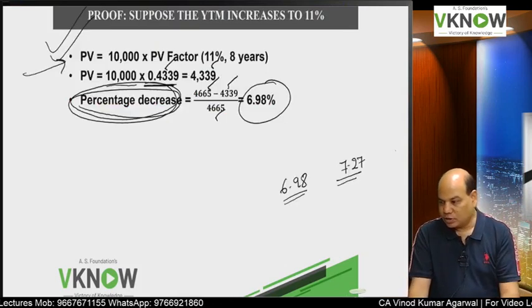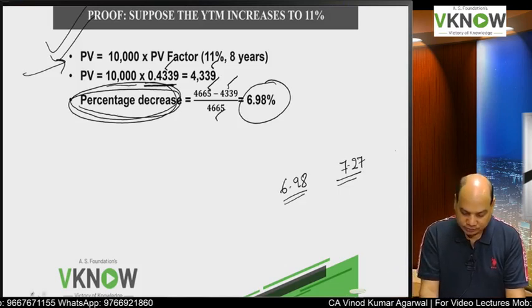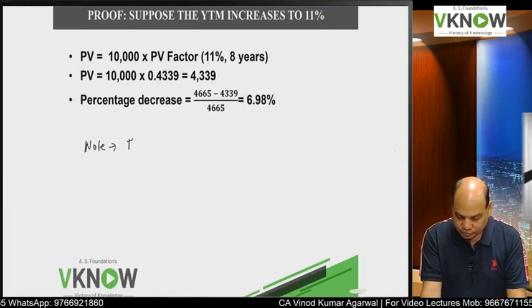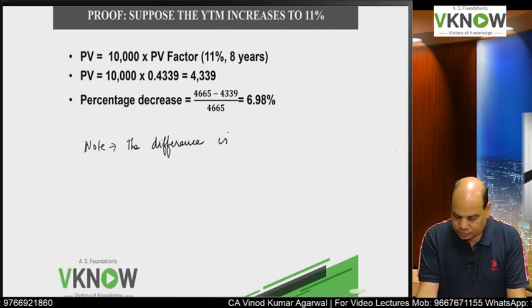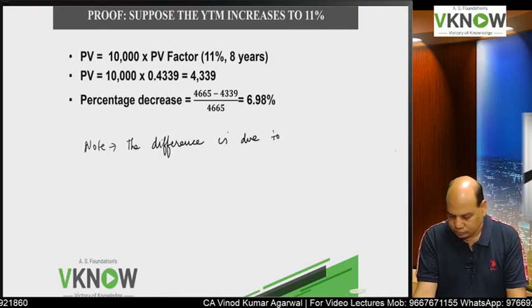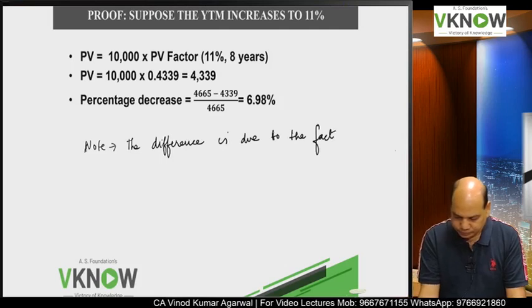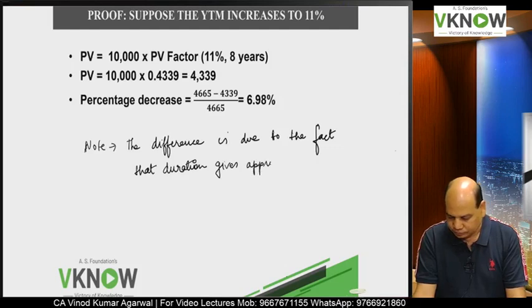So the difference is due to the fact that duration gives you approximate answer. So I will give you a note here if you want to write. The difference is due to the fact that duration gives approximate answer.